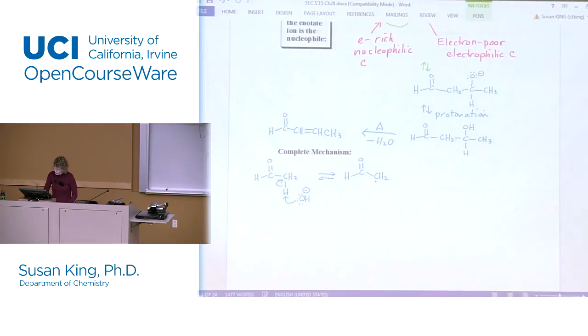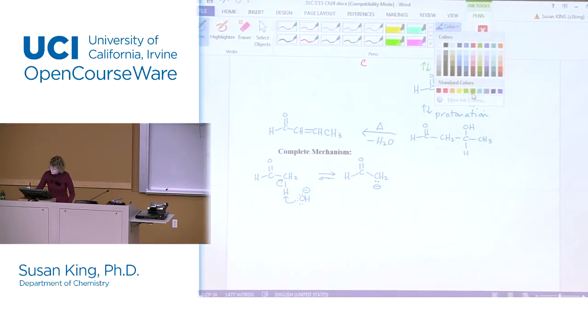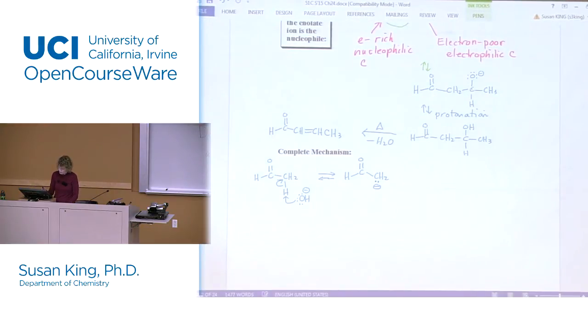So for fair coverage, I like to go back and forth here. The alternative is to go onto oxygen. I'll put that one in green. So there's our nucleophile.